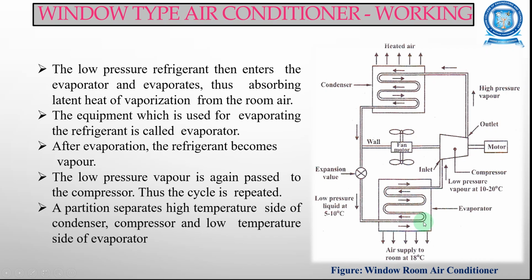The equipment used for evaporating the refrigerant is called the evaporator unit. After evaporation, the refrigerant becomes vapor, and now again the low pressure vapor is passed to the compressor, and this cycle is repeated. A partition separates the high temperature side of the condenser and compressor from the low temperature side of the evaporator.